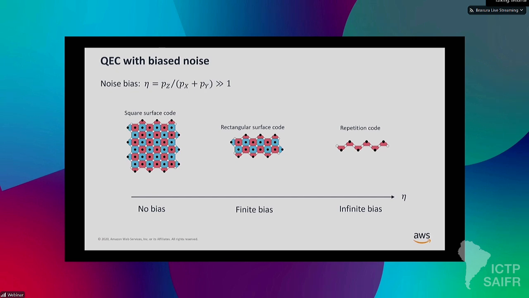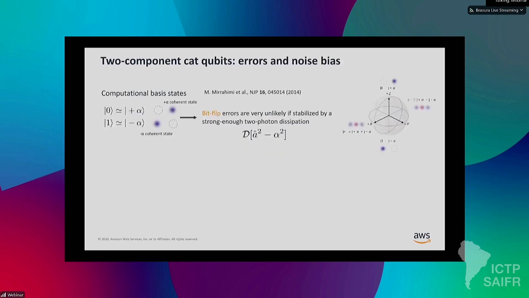But then the whole question is, okay, can you get systems that have this biased noise? How do you do it, and how do you do error correction with biased noise? And there is one idea which started being developed, actually even before that, already in '94 there were some papers about this, but the paper from Mirrahimi and collaborators from 2014 fleshed out the idea in more detail, which is to use cat qubits.